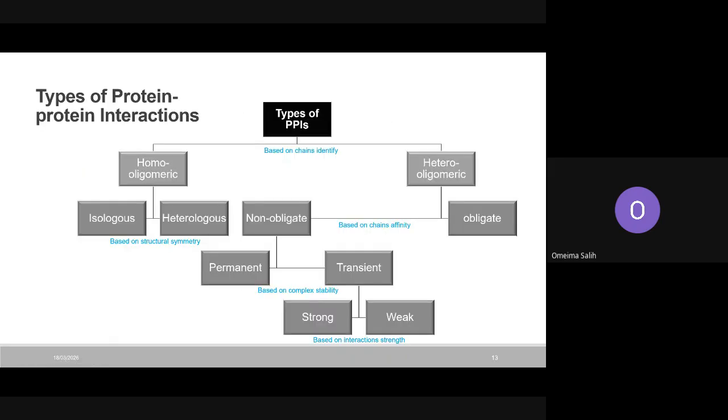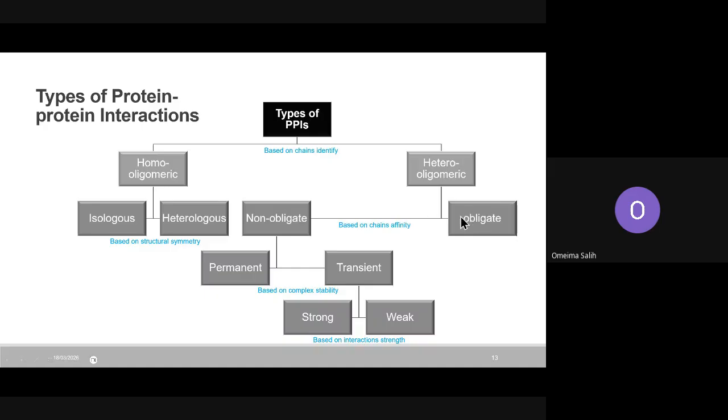That means the binding affinity. If they are non-obligate, they are either permanent or transient, and this is based on their stability, how stable they are together. If they are transient, then based on the interaction strength, it could be weak or it could be strong.